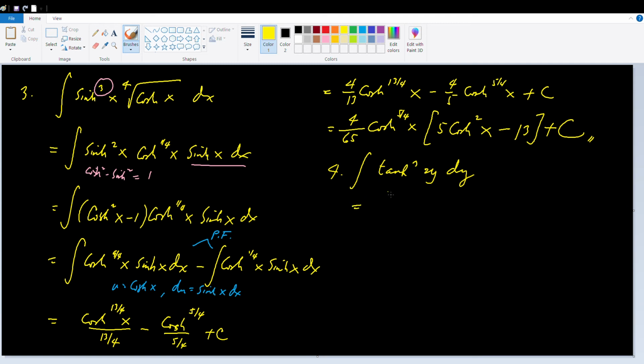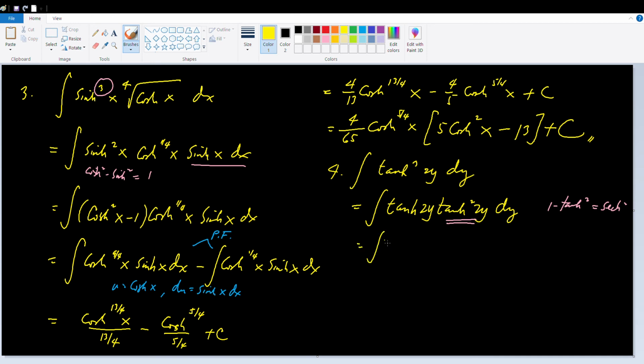We are going to factor hyperbolic tangent squared. So, hyperbolic tangent 2y, hyperbolic tangent squared 2y dy. And for hyperbolic tangent squared, we will be using the identity 1 minus hyperbolic tangent squared equal to hyperbolic secant squared.